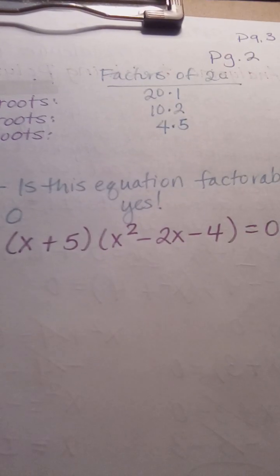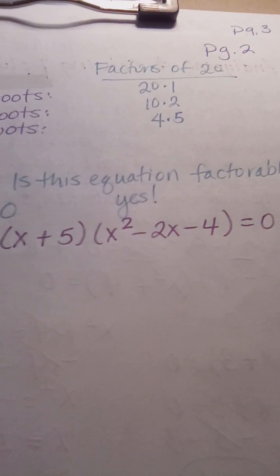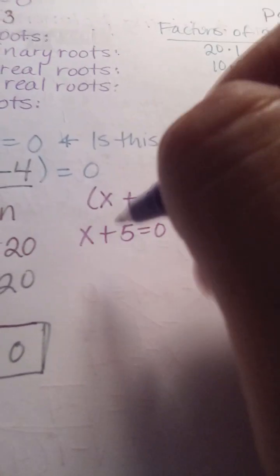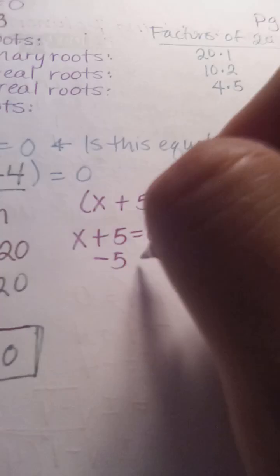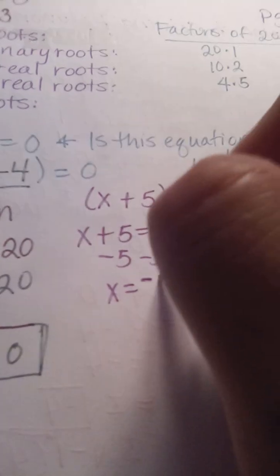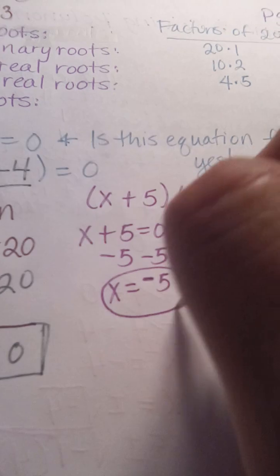We have two separate equations, right? Based on these two factors, right? We know that x plus 5 equals 0. We know the answer will be -5 when you do the arithmetic. That's first. Okay, -5. That's one part.